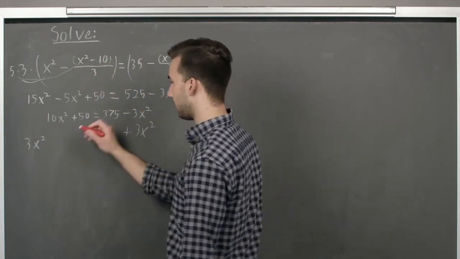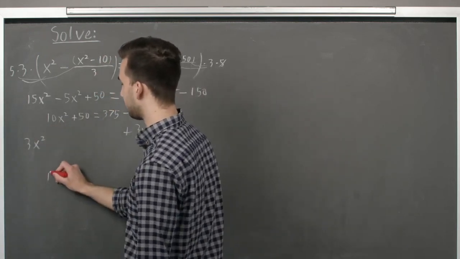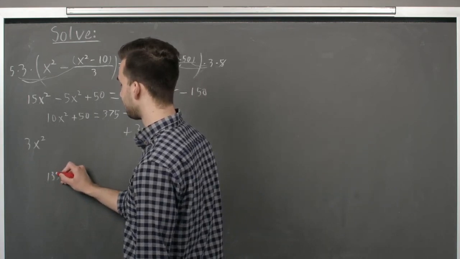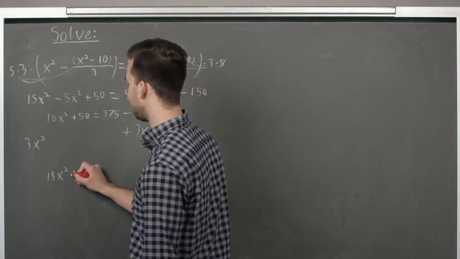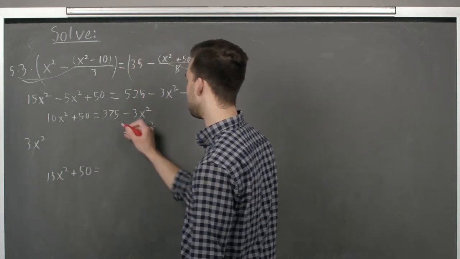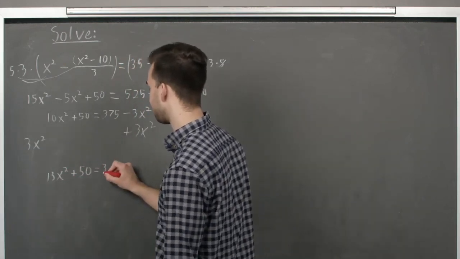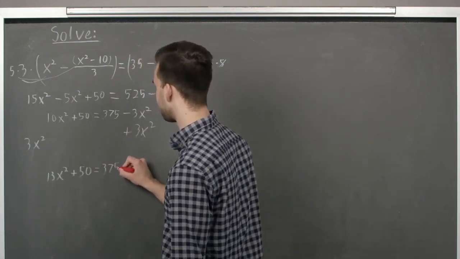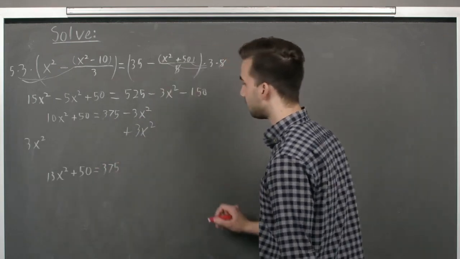So now we have 13x squared plus 50 is equal to just 375. And I'll bring this all over here.